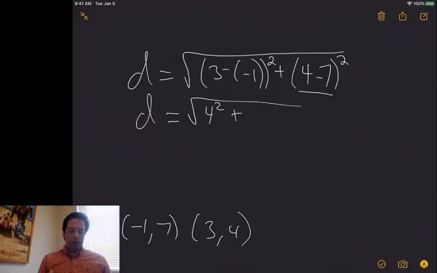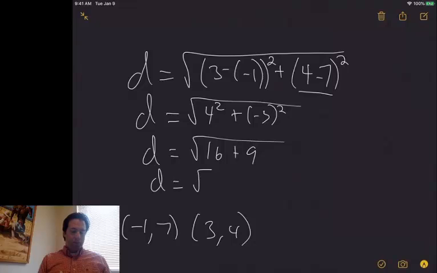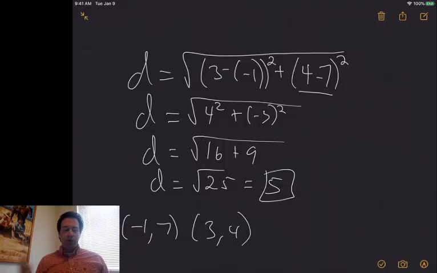And 4 minus 7 is -3. So we get the square root of 16 plus 9, which is the square root of 25, which is 5. So our distance works out really nicely: we just get a distance of 5.